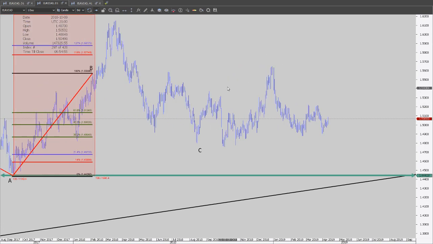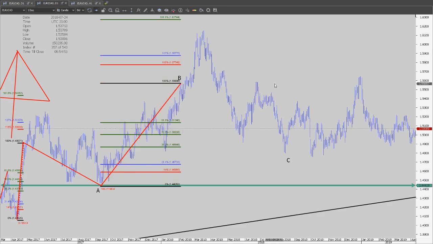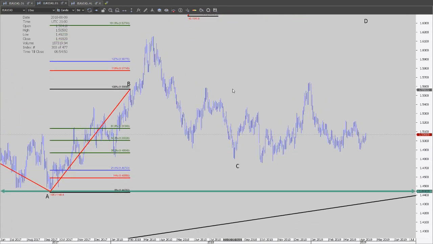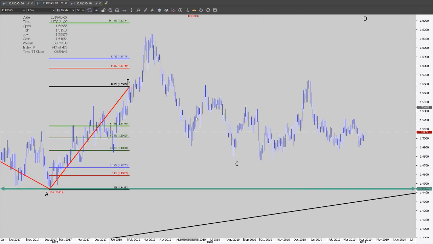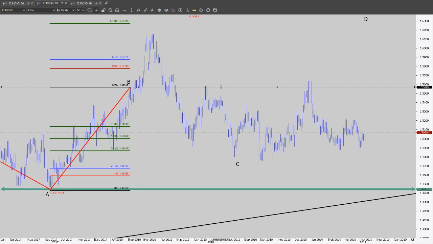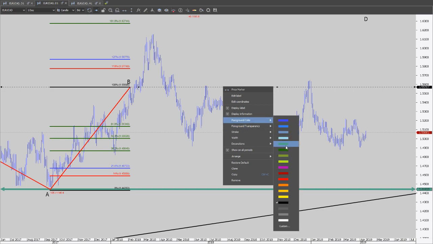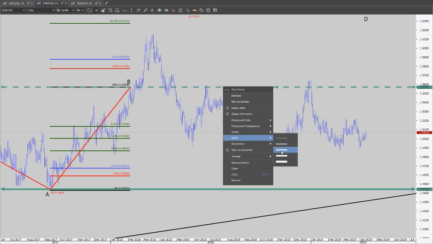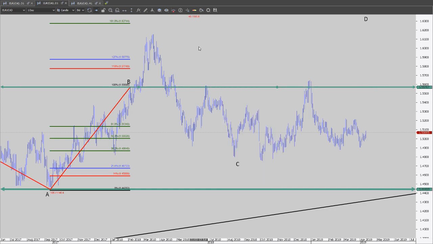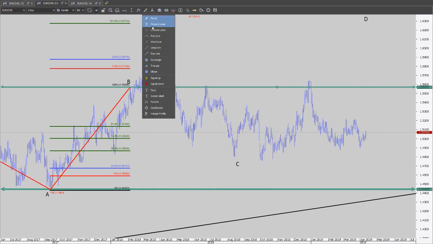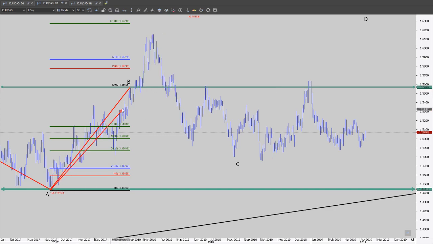And when you clean up the chart, this is what you are seeing right now. So you have the A of the original Fibonacci, you have the B of the original Fibonacci, which is that color, and like this. You have the C of the original Fibonacci, right? So A, B, C, and the projected D is still up in here, okay.